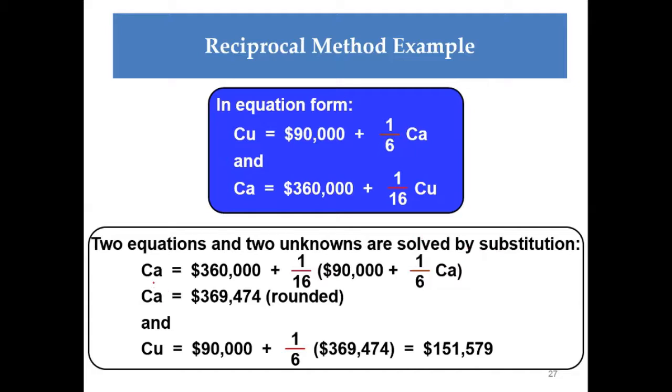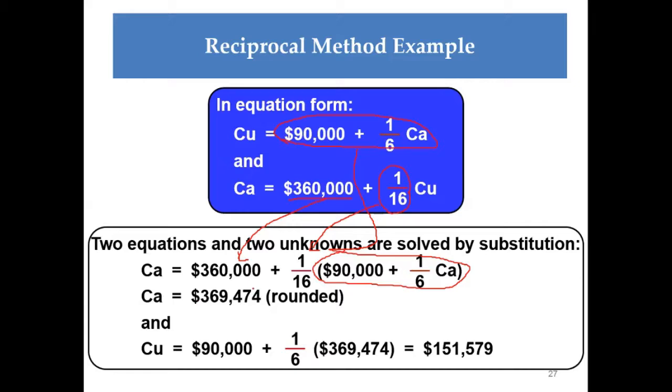CA equals 360,000 plus 1 by 16 multiplied by CU. We substitute CU in the equation with 90,000 plus 1 by 6 CA.